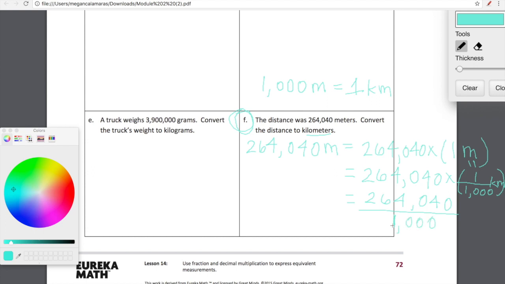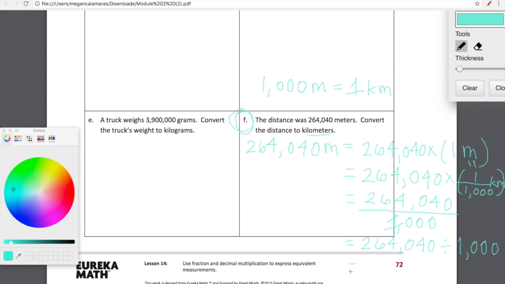So we have 264,040 over 1,000, or 264,040 divided by 1,000. These mean the same thing.